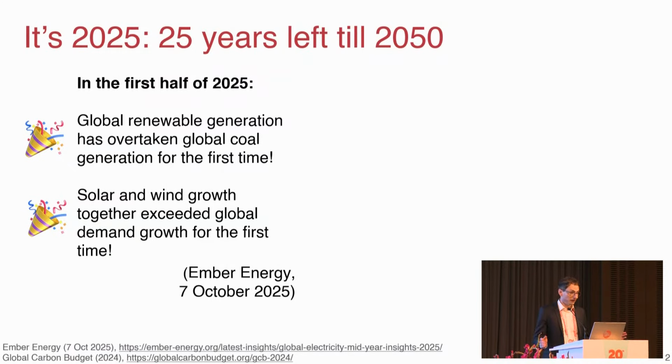So that's really great. Second, the growth in solar and wind electricity generation exceeded global demand growth, also for the first time ever. That's just from yesterday, and that really highlights the massive speed with which renewables are being deployed. And that's great news, of course.